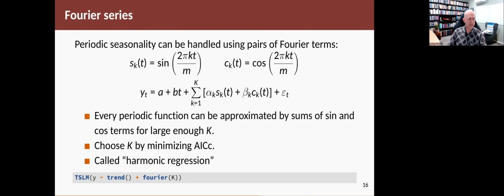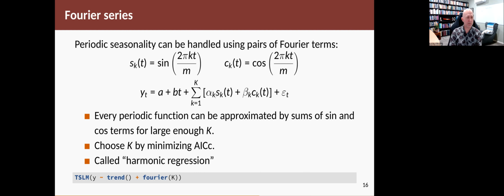And then in the regression, so here's a regression where you have a linear trend here, and then you've got these sine and cosine terms here. And you have a certain number of them. So you might have only 1 pair of them, or 2 pairs of them, or 3 pairs of them, and so on. And it turns out that any periodic function can be approximated by sums of sines and cosines of this type for a large enough k.